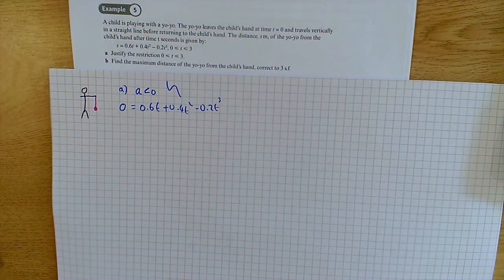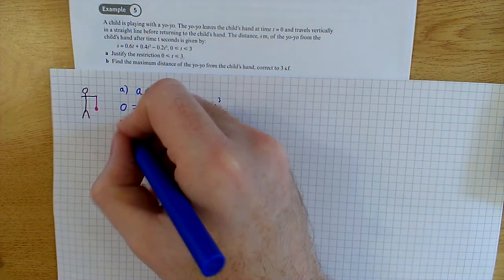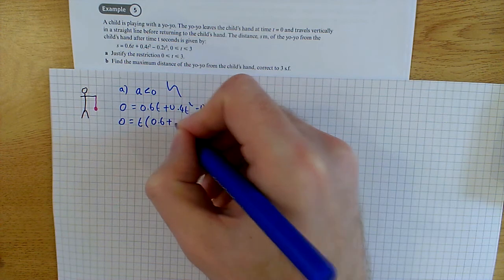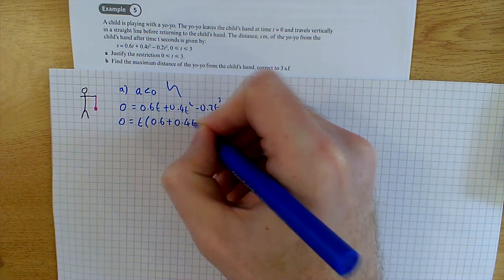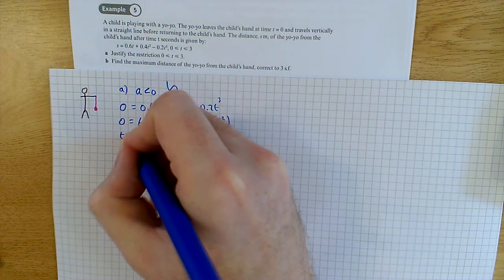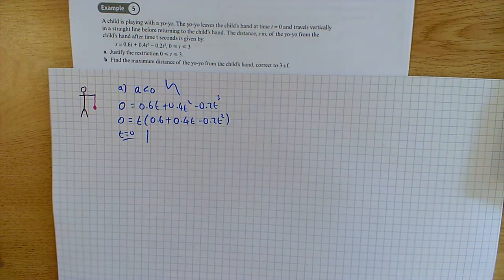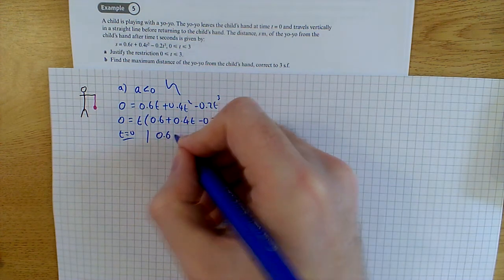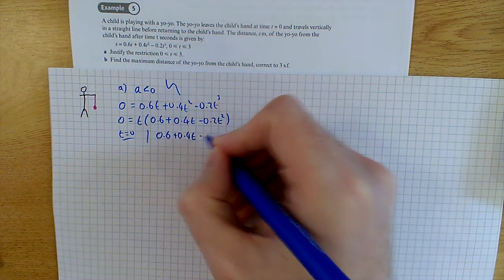The first thing being that there's a t term common in every single part, so let's deal with that first. So 0 equals t taken out as 0.6 plus 0.4t minus 0.2t squared. So this then tells me that either t equals 0, which means it goes through the origin when s is 0, t is 0, or this quadratic equation that we have here is equal to 0.